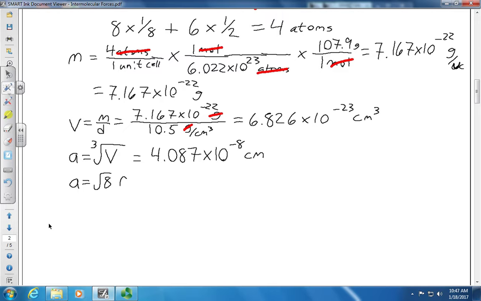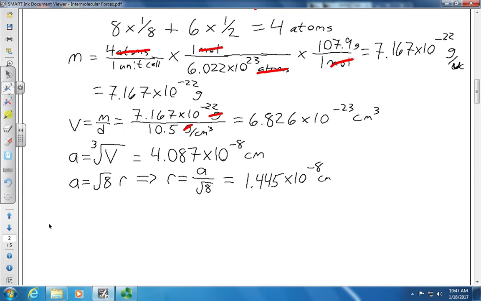And radius is what we want, so we're going to rearrange it using algebra and find that radius is going to equal our width over the square root of 8, which would be 4.087 times 10 to the minus 8 centimeters over the square root of 8, which if you do that out is 1.445 times 10 to the minus 8 centimeters.